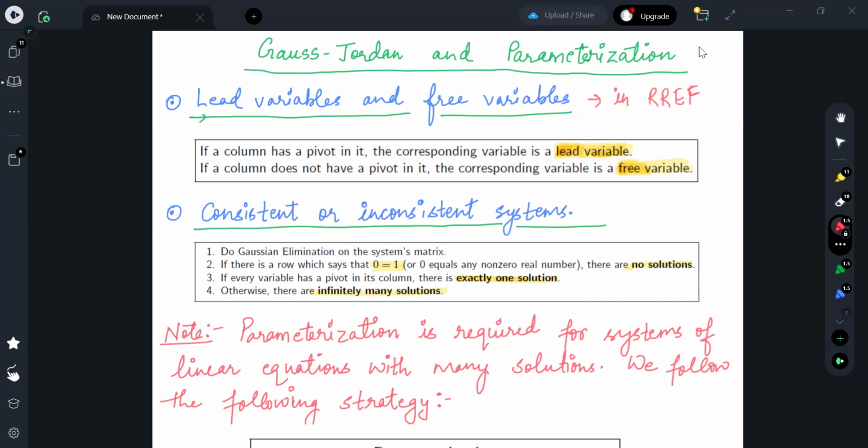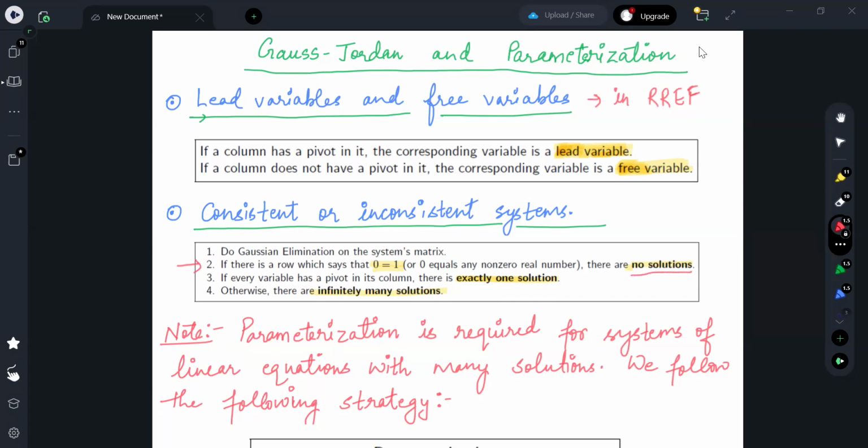So these are the four rules, or the steps to follow, to see if a system is going to be consistent or inconsistent. We first do Gaussian elimination on any system, and then step number 2 tells you that if there is a row such that 0 equals 1, or any non-zero number, there will be no solutions for that given system.